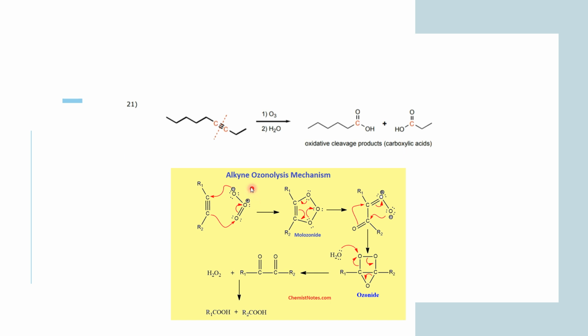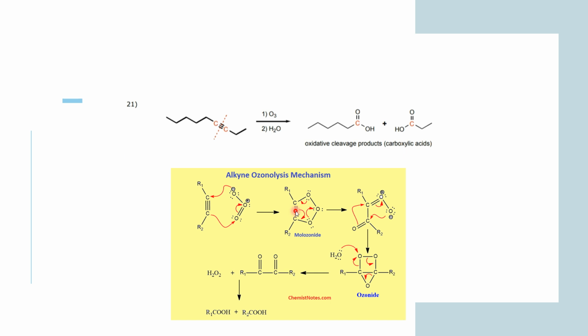So this 3 plus 2 cycloaddition reaction will happen in the first step, leading to the formation of this molozonide, which contains three oxygen atoms simultaneously, two of which are directly linked to the carbon atoms of the alkyne.